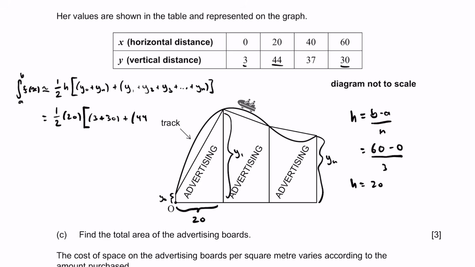Essentially all of the intervals between y1 and yn. And the second one is 37. Okay, so that's it. Length of these intervals is h, starting, ending, all of the middle intervals, 44 plus 37. And this should give us the total area.